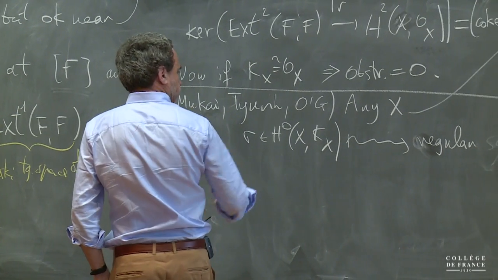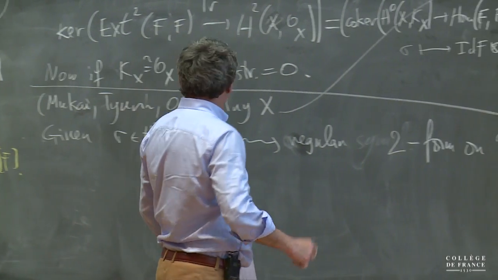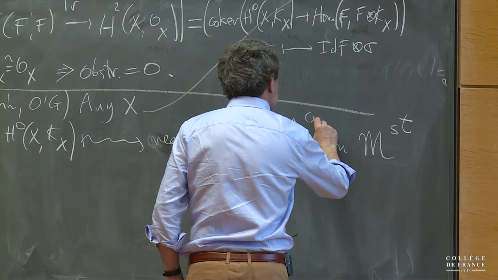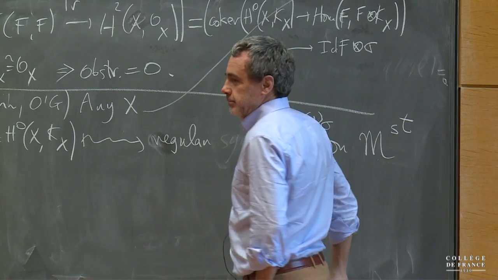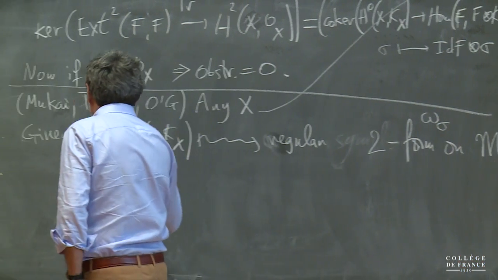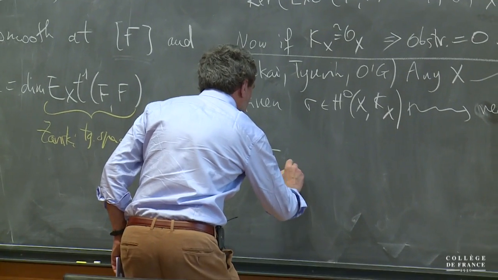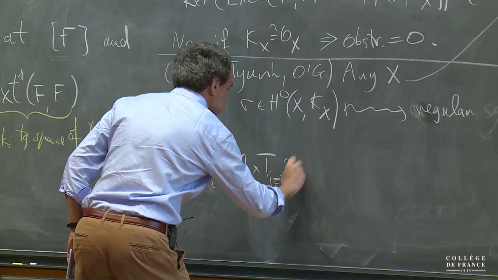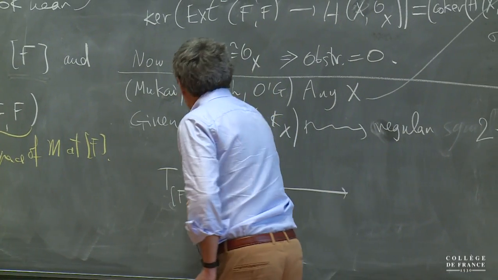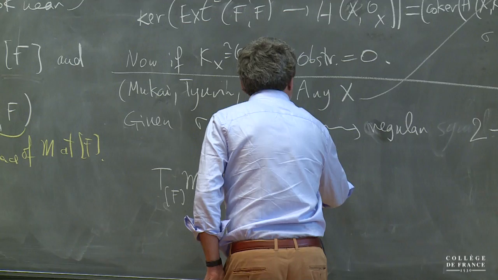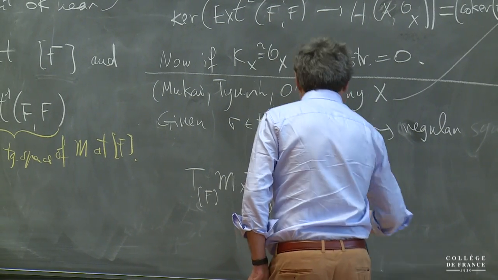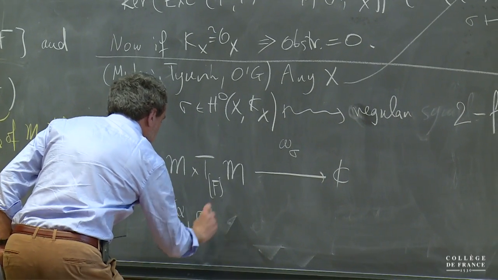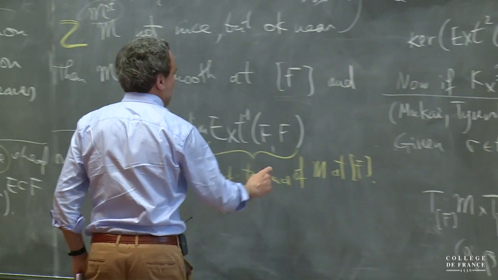So let's give it a name. Despite Daniel, I'll call this omega sigma. And, okay, so what do we have? I want to define it point by point, so alpha and beta are in here, right?